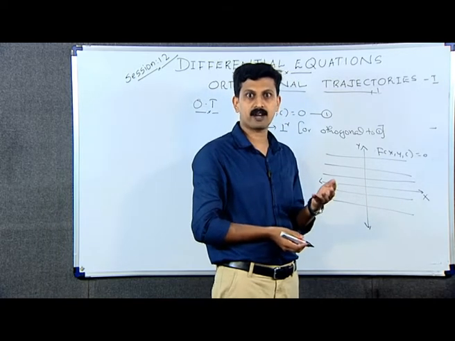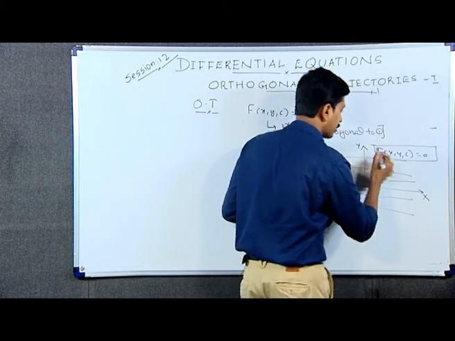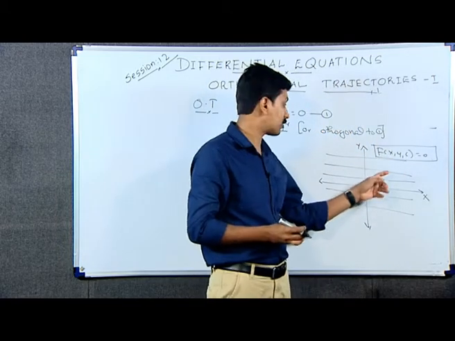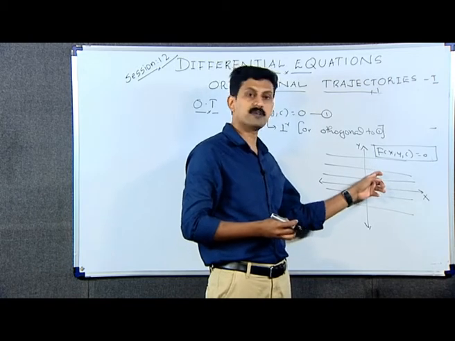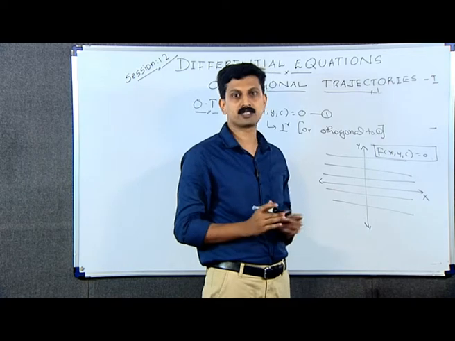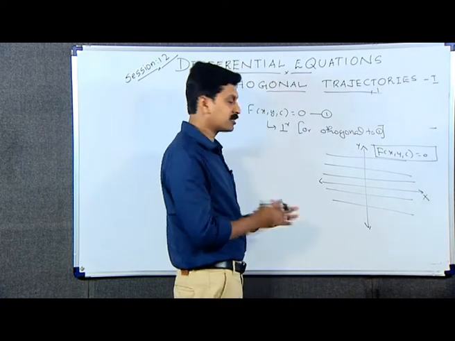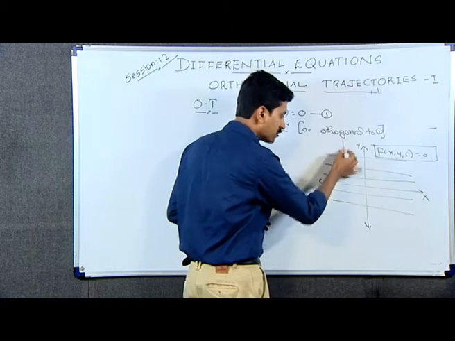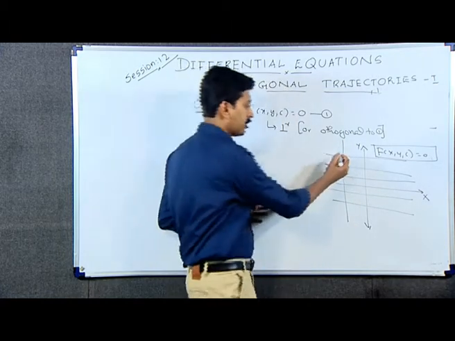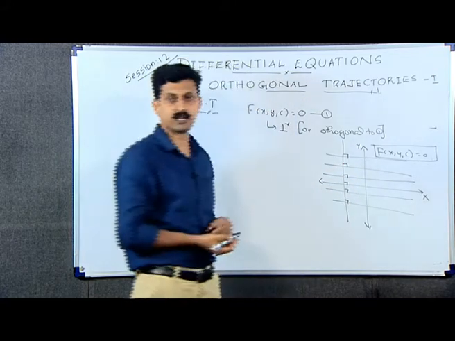So we have to find the orthogonal trajectories of the family of straight lines parallel to the x axis. Simply, which curves or lines are perpendicular to these lines? Simply we can draw a line like this which makes an angle of 90 degrees with each line.